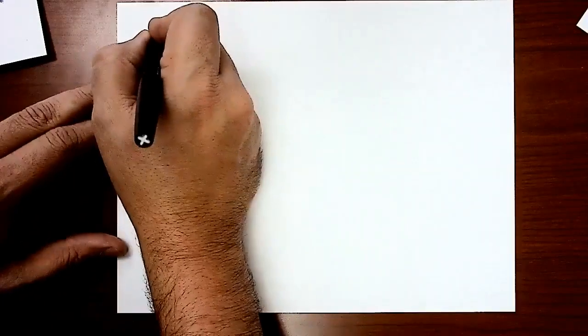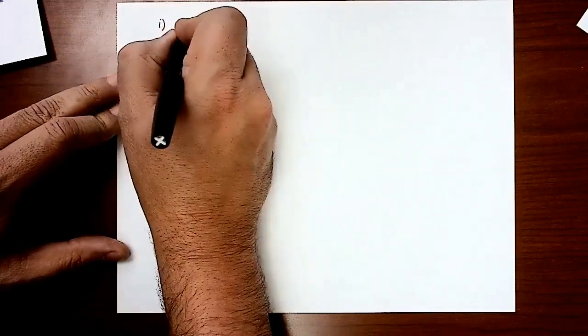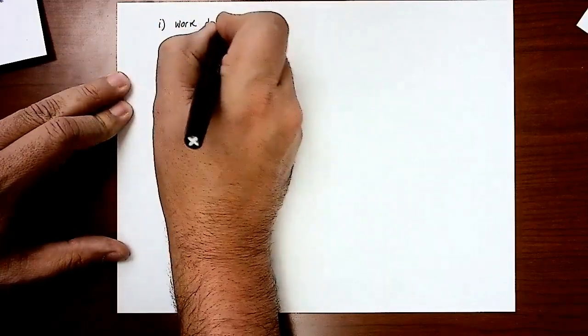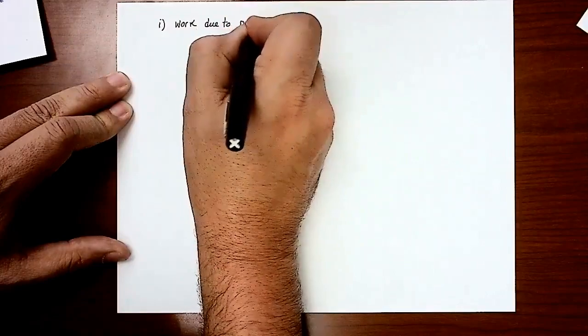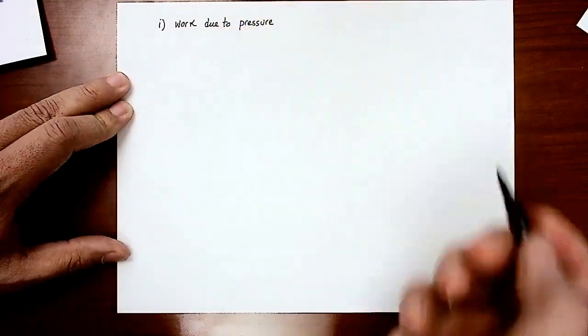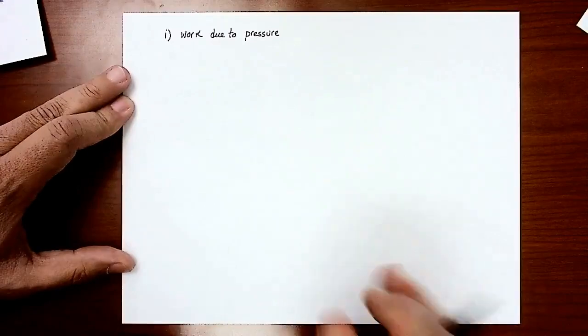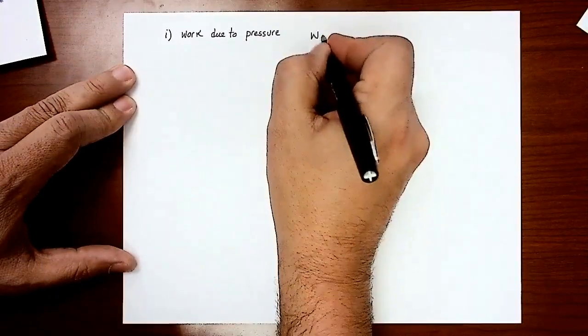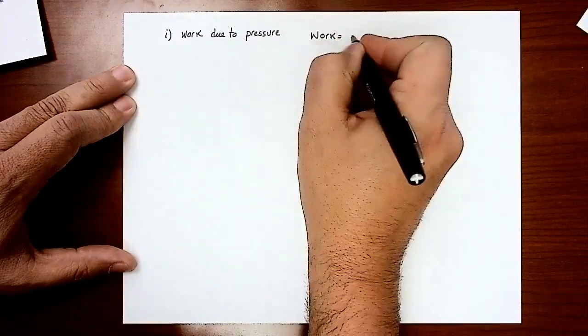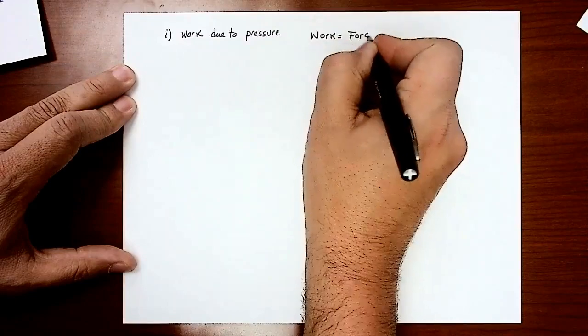So let's derive the work formula due to the pressure force. I would say that's number 1, work due to pressure. That's one type of the surface forces, right? So we know that work is force times distance.